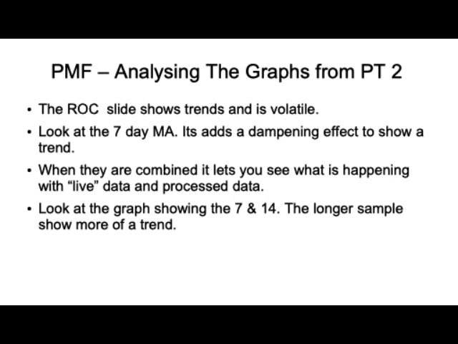If you now look at the 7-day MA, it adds a dampening, which is the accountant's term, or, for many amateur investors, they like the word smoothing effect, to show a trend. When they are combined, it lets you see what's happening with the up to the minute data and the processed data, and you can see how the lines cross.